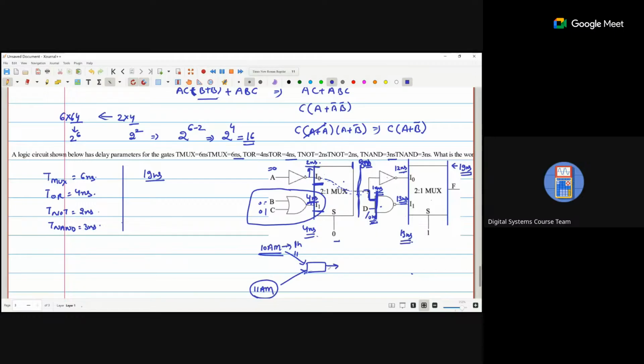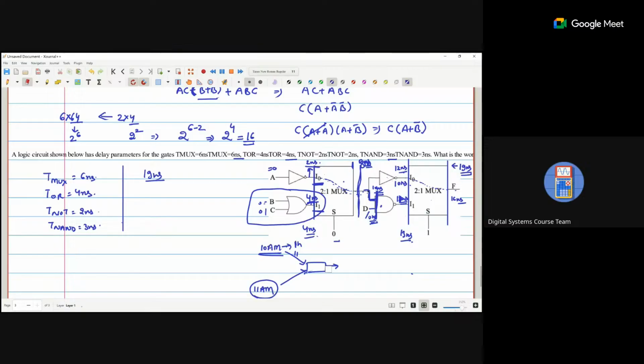Okay. So at 8 nanoseconds, again the NOT gate takes 2, so it is 10 nanoseconds. The NAND gate takes 3 nanoseconds, so it is 11 nanoseconds. Now, if S is 0, after 10 nanoseconds it will go outside. So the worst case delay is 16 nanoseconds.